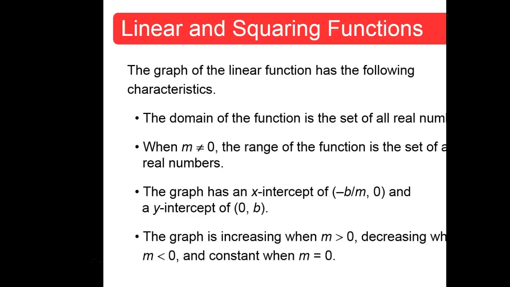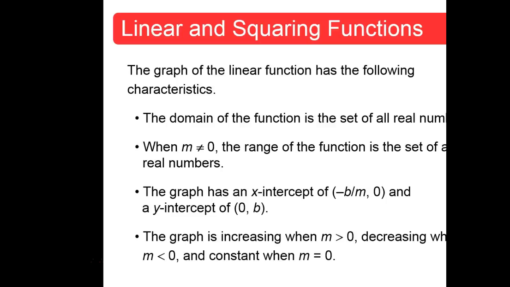If vertical lines don't have a domain of all real numbers, can those two jive? How? A vertical line fails the vertical line test, so therefore it can't be a function. So yes, this is true. If it's a linear function, it can't be vertical, because a vertical line fails. Okay, so it's got to have at least some little tilt to it, and then the domain is all real numbers.